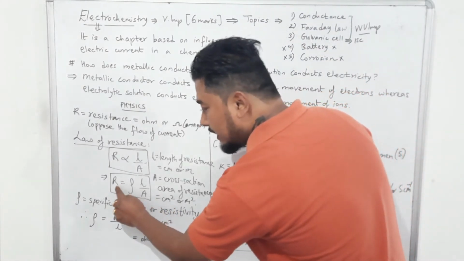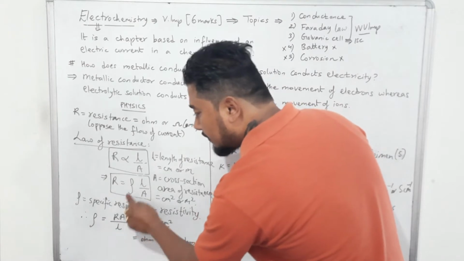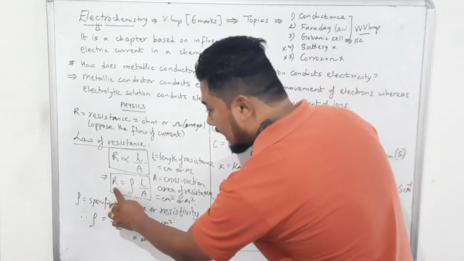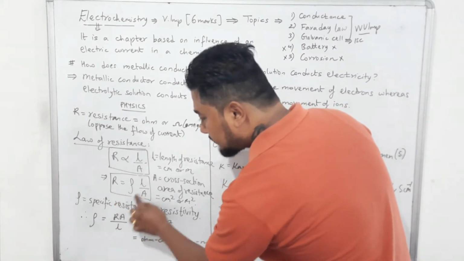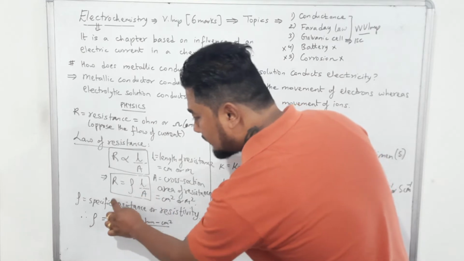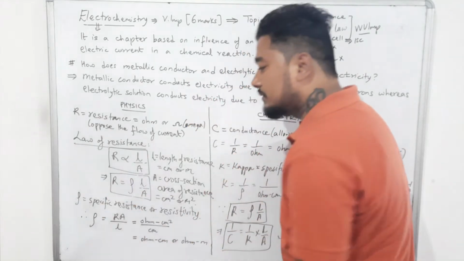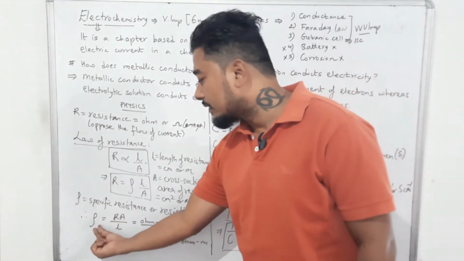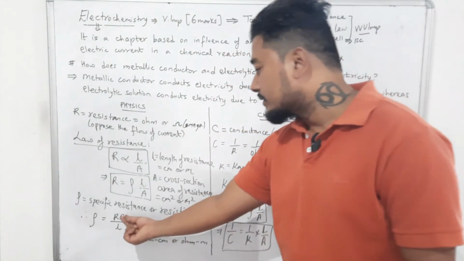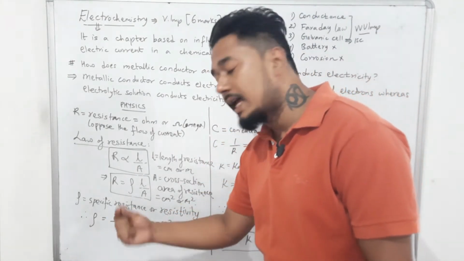So R into A by L will go down, and what remains here is simply rho. Just cross multiplication. This gives you the formula of specific resistance or resistivity: rho is equal to RA by L.